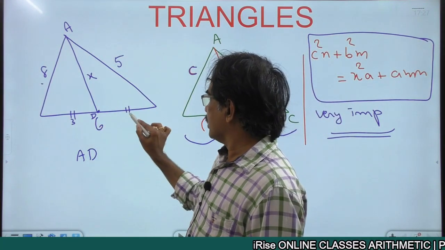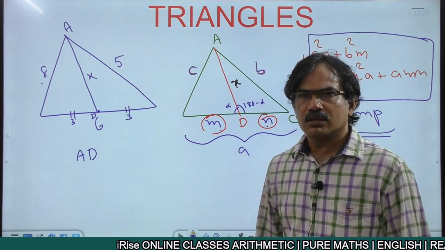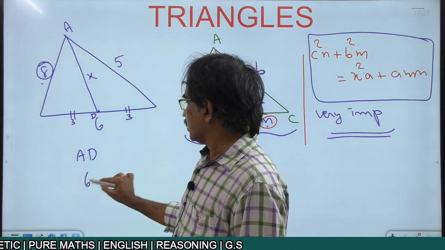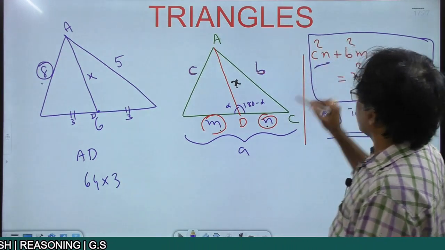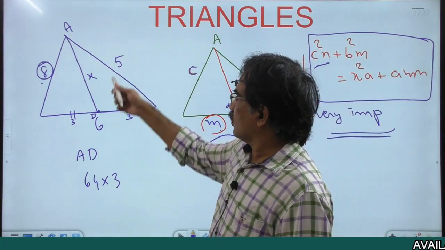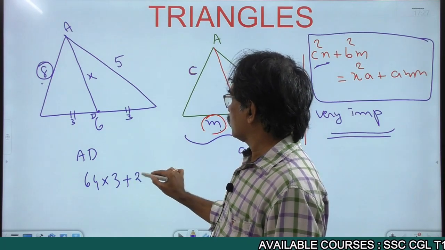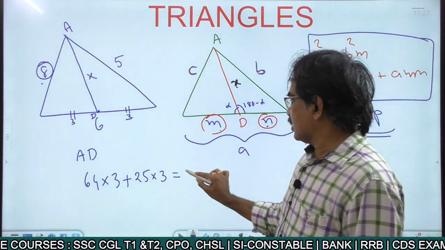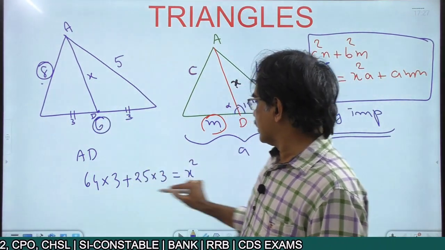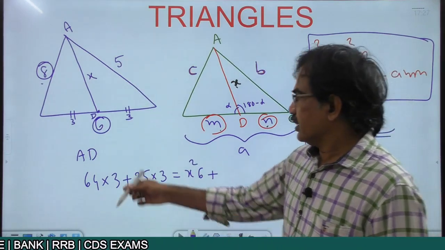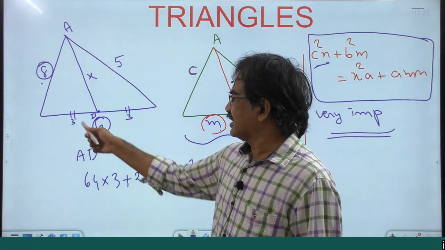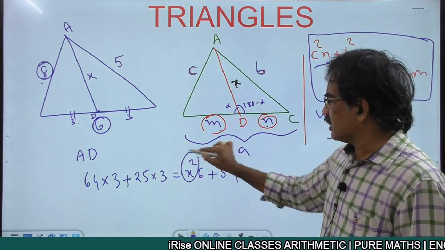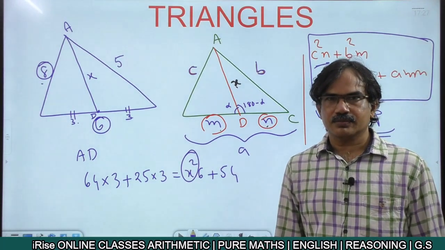So m is 3, n is also 3. Then apply the formula: 8 square into 3, 64 into 3, 5 square into 3, 25 into 3 is equal to x square into a, which is 6, plus a into m into n, 6 into 3 into 3, which is 54. So from this we can easily find the value of x.